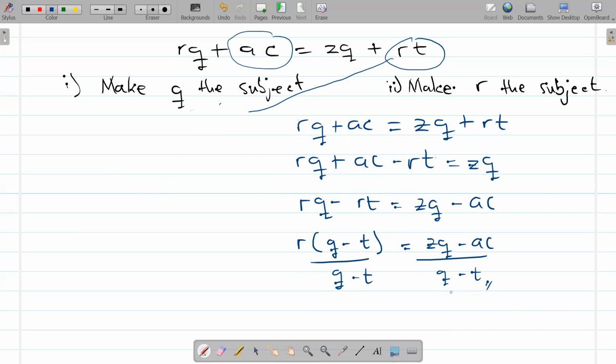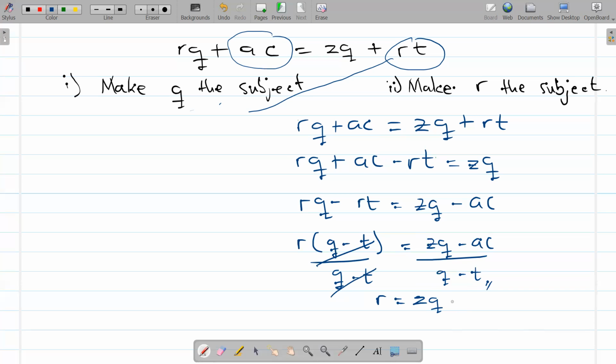Okay, so now R is equal to ZQ, and we cancel them.